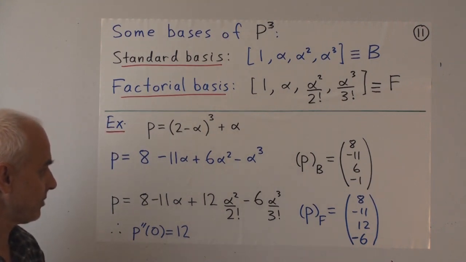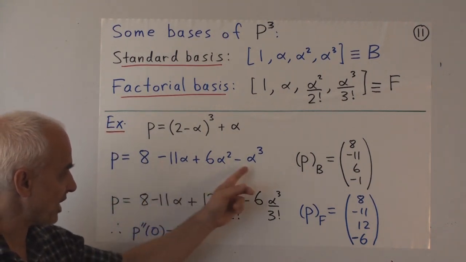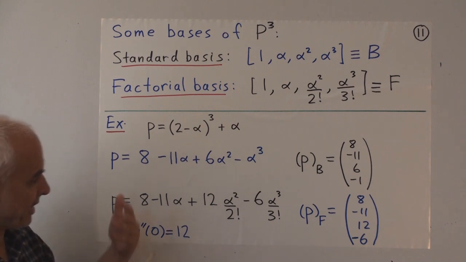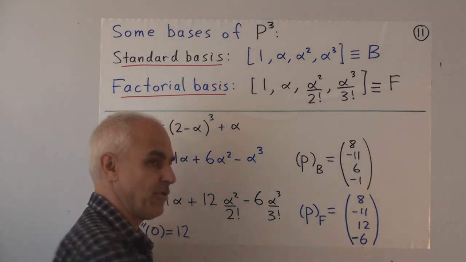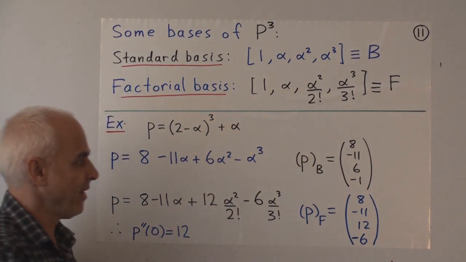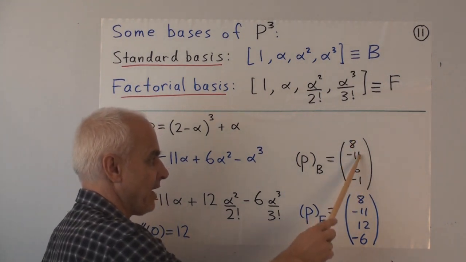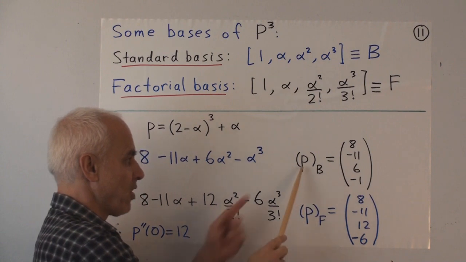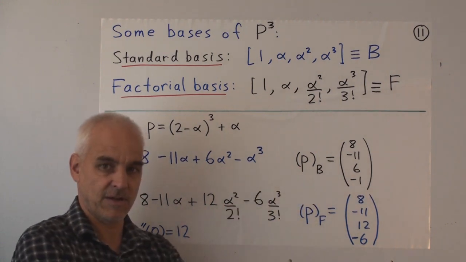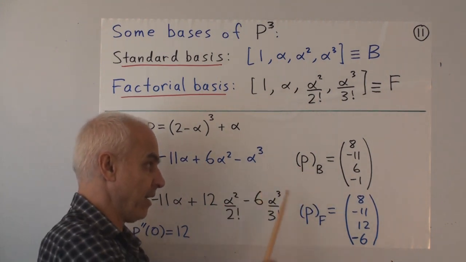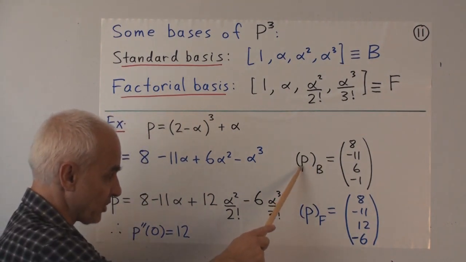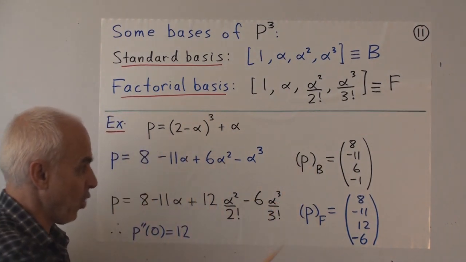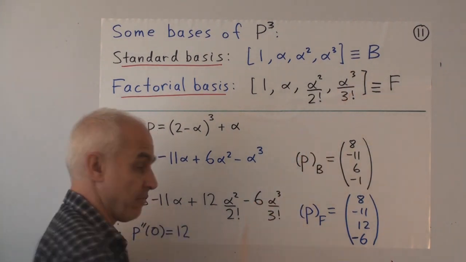Now the four coefficients that appear here can easily be put together into a vector. That's a useful thing to do. And that vector, 8, minus 11, 6, minus 1, we'll call that the coefficient vector for P with respect to the basis B. That's a coefficient vector of this polynomial with respect to this standard basis.